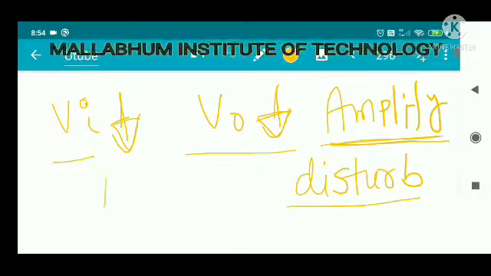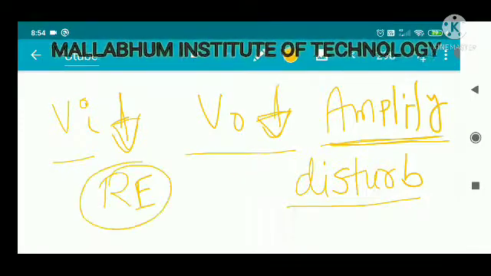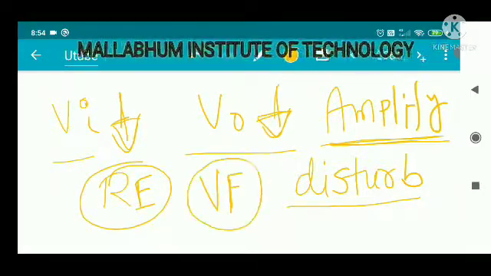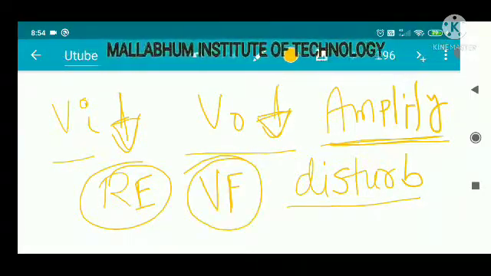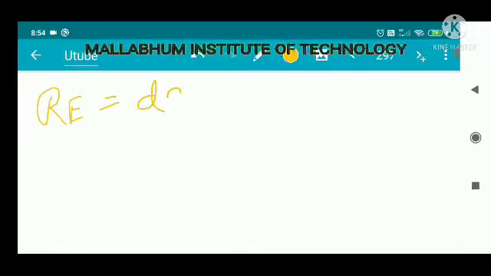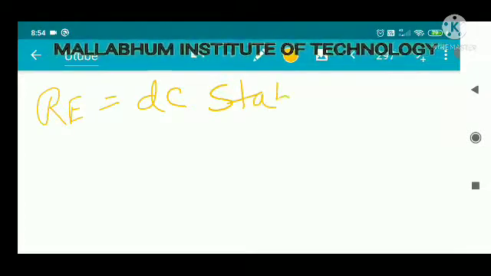Due to the presence of RE, or the voltage developed across the RE, that is the feedback voltage. We require RE for the improvement of DC stability.